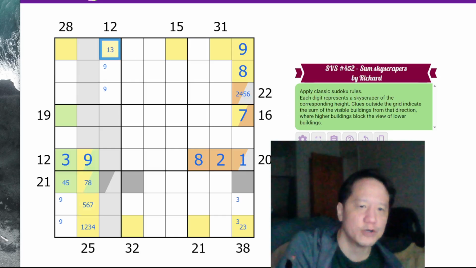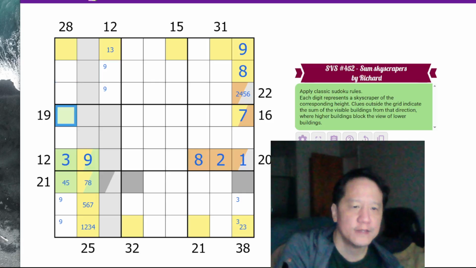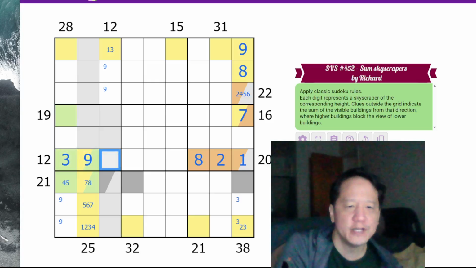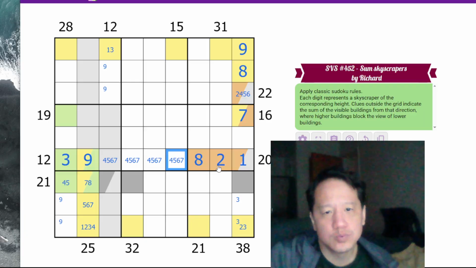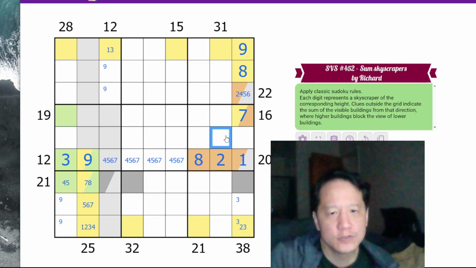So this is 5, 6, or 7 there. This is, again, 1 or 3. To add up to 19, there's no 3. Remaining digits in row 6 are 4 through 7. Okay, 9 cannot be here. So 9 could be here or one of these cells.